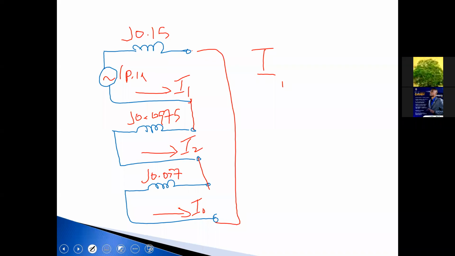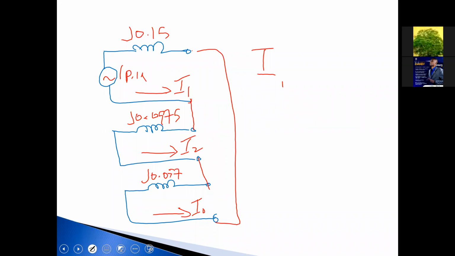Miss Mundell. Are you in pain? I'm here, sir. You're groaning. Come, I1. What's I1 equal to? The voltage is a little bit different.